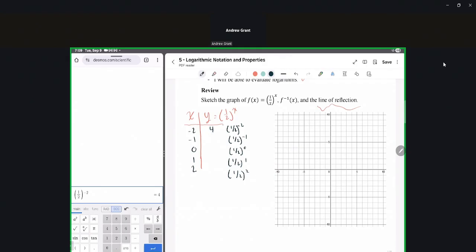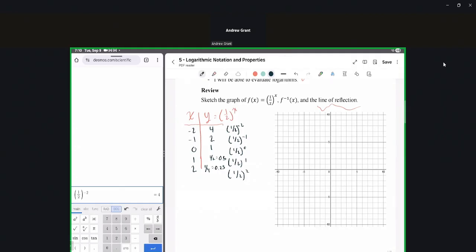So 1 half to the power of -2 is going to be 4. 1 half to the power of -1 will be 2. 1 half to the power of 0 will be 1. 1 half to the power of 1 will be 1 half, but we'll write it just as 0.5, so that is easier to graph. And similarly, 1 over 2 to the power of 2 will be 1/4, but we'll call it 0.25, again, because it's easier to graph.